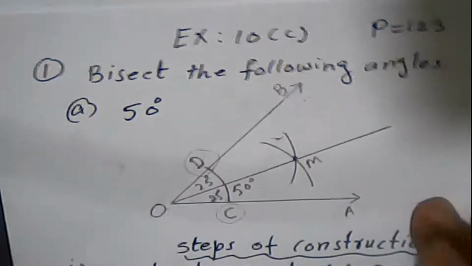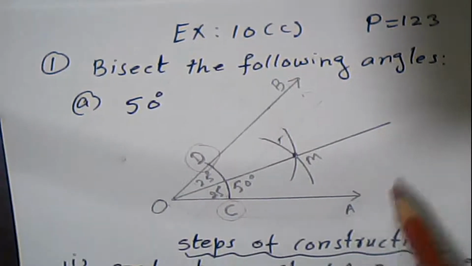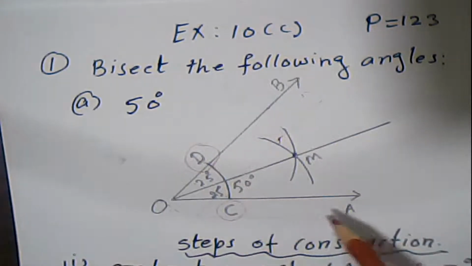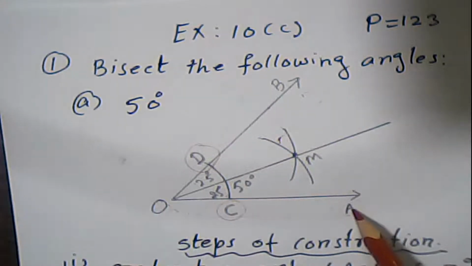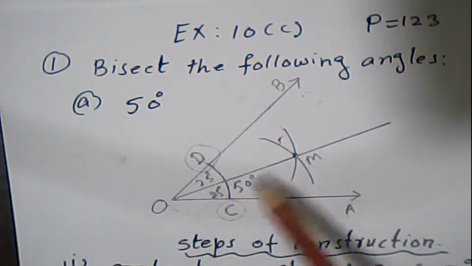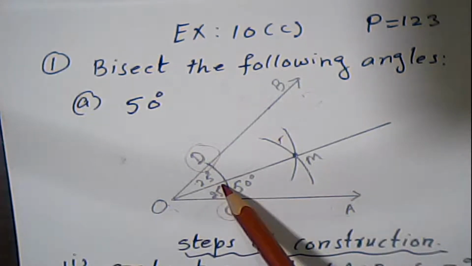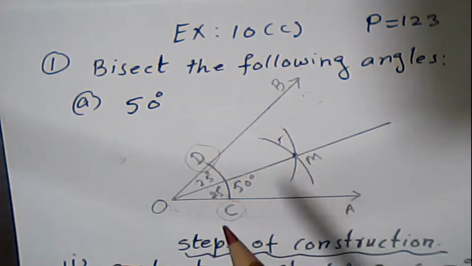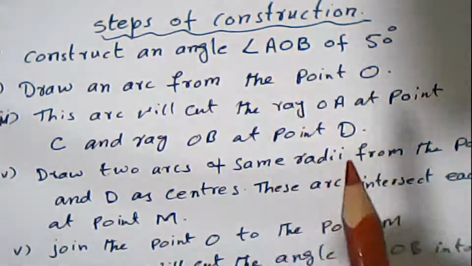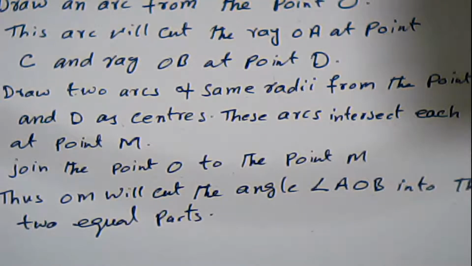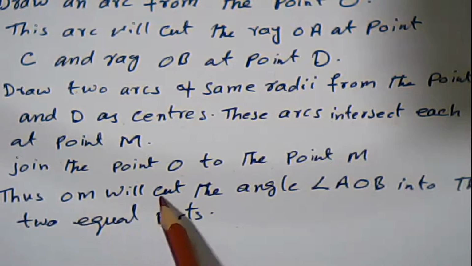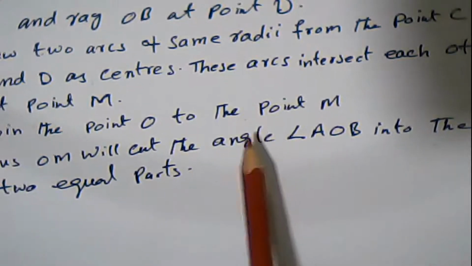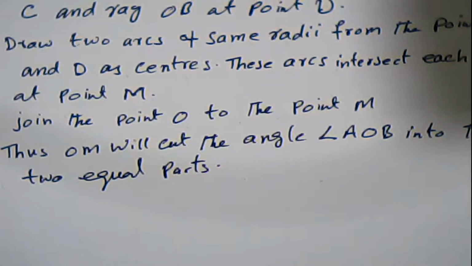By inspection, you can see that the whole angle AOB is 50 degrees, but angle AOM is equal to 25 degrees, and MOB is equal to 25 degrees. Thus OM will cut the angle AOB into two equal parts.